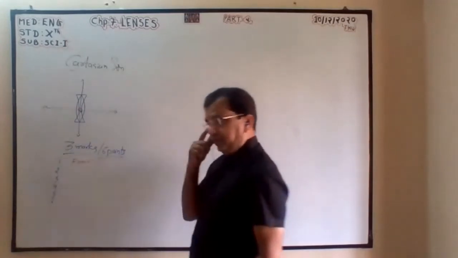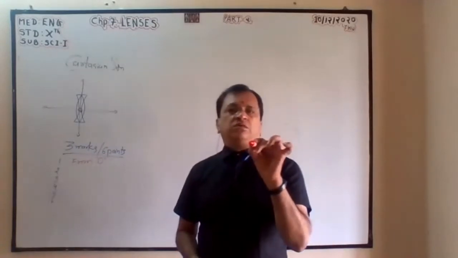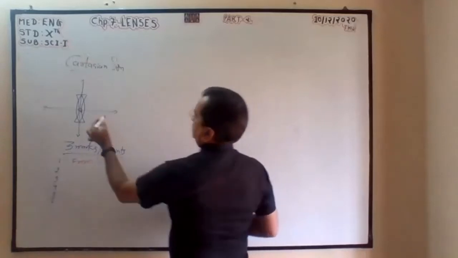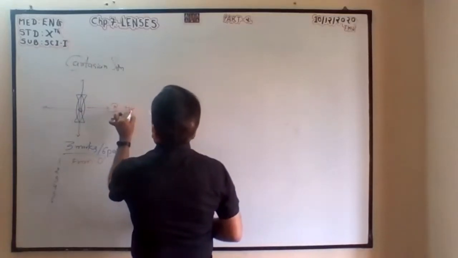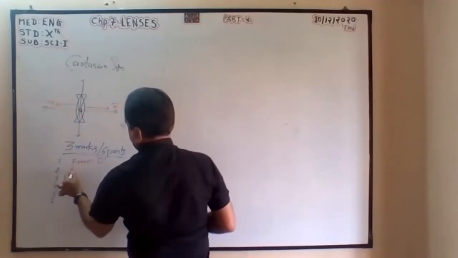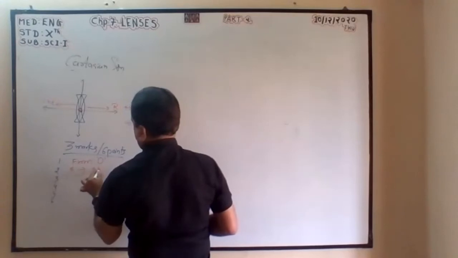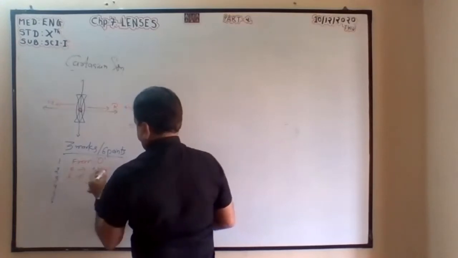From the optical point, every distance should be measured from O. From O, like a graph, on the right side it is positive, on the left side it is negative.